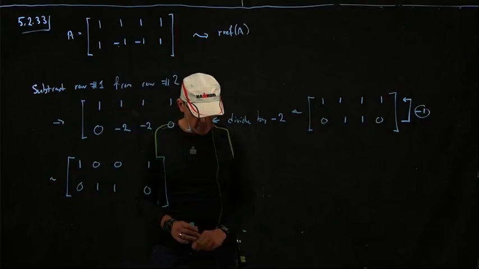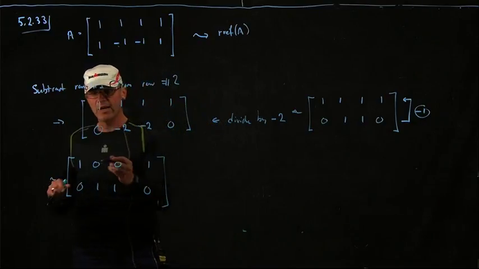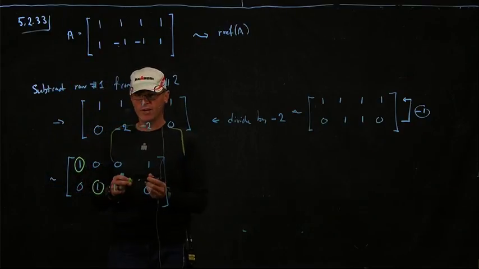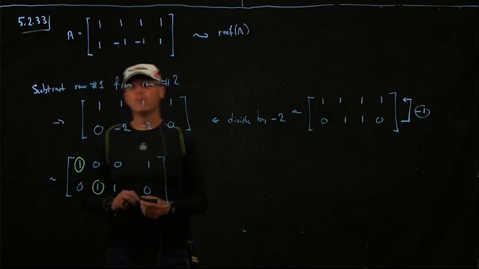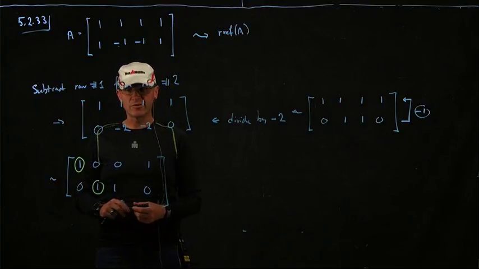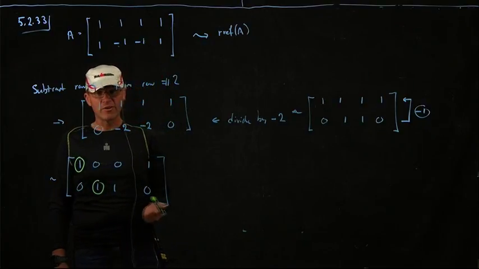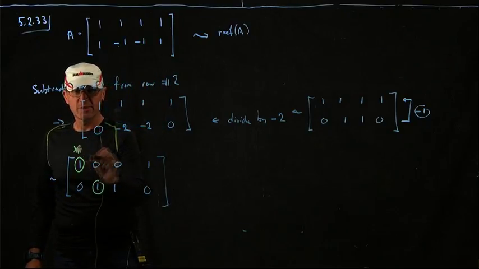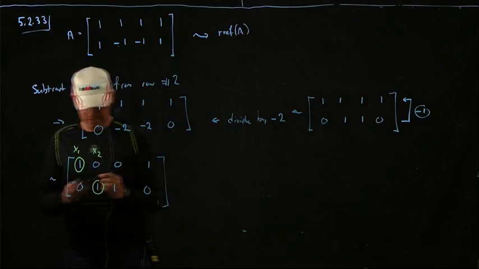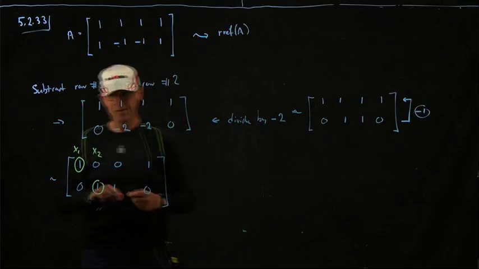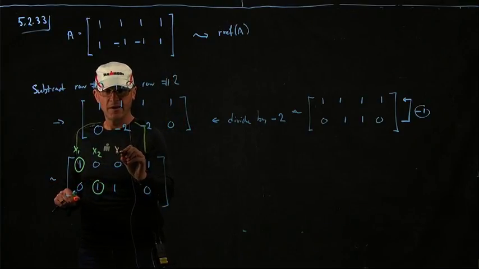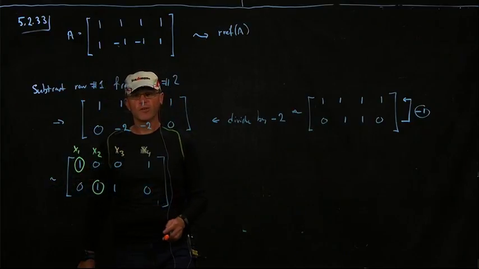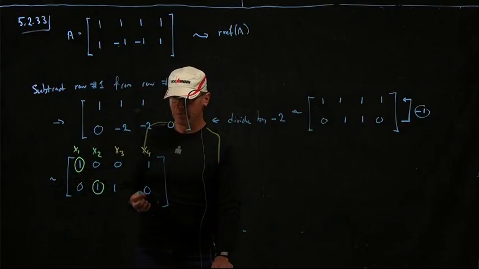So what do we have? Well, we have two leading variables. We started out with 4 variables, so that means we have 2 free variables. So I think this corresponds to x1 and x2. They are leading, but x3 and x4, corresponding to the third and fourth column, are free.